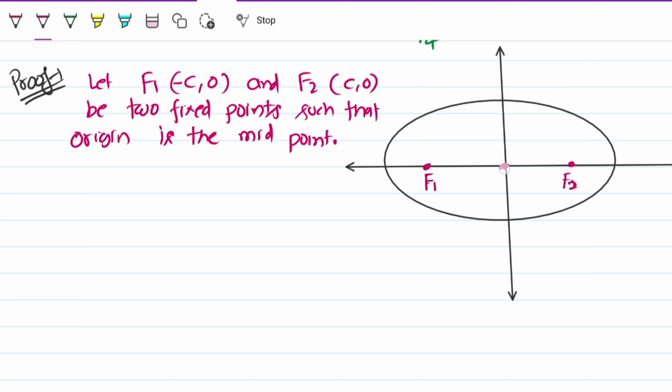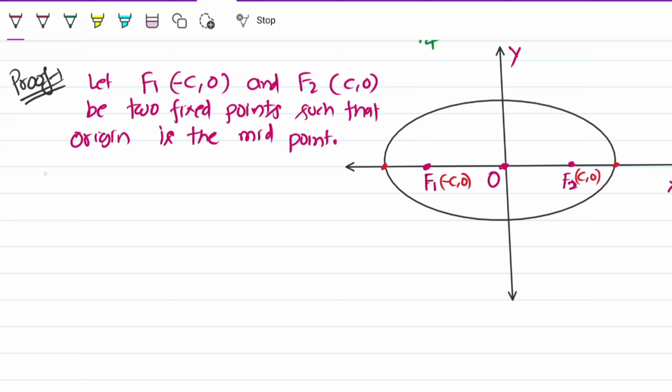This is the origin, this is the x-axis, this is the y-axis. Here we have taken the coordinates minus c comma 0, and here c comma 0.